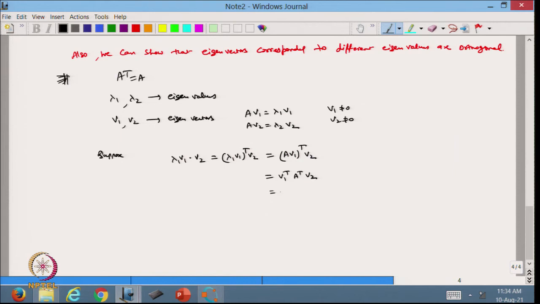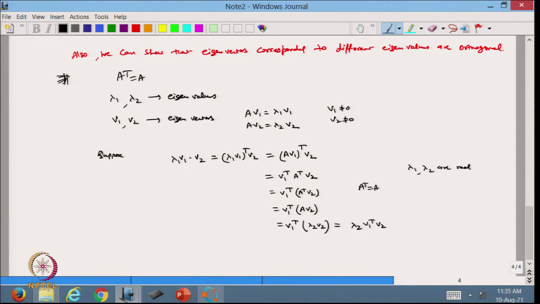Now, A transpose is equal to A, so I can write V1 transpose A V2, and A V2 is lambda 2 V2, so this is lambda 2 V1 transpose V2, because lambda 1 and lambda 2 are real.